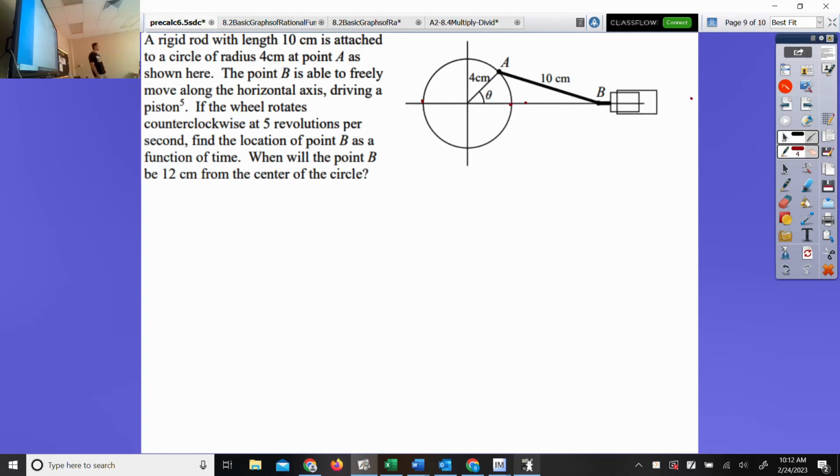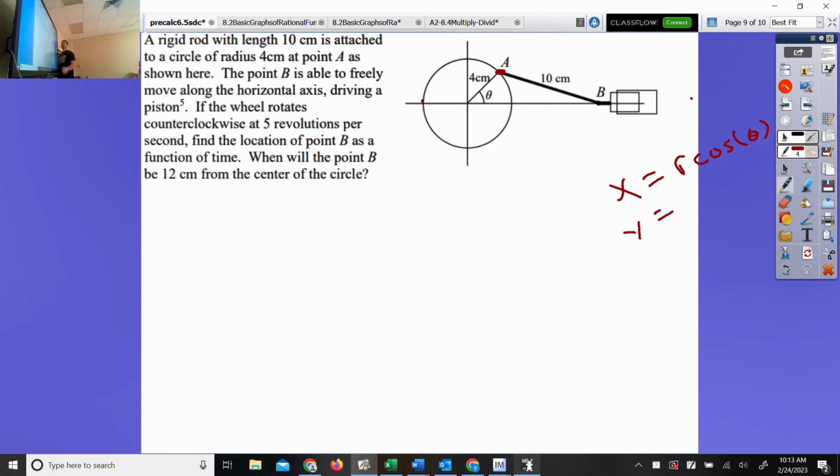That's intimidating, isn't it? A lot of stuff going on there. All right, let's see if we can find coordinates for point A, which means you have to use that memorization. X is R cosine theta.